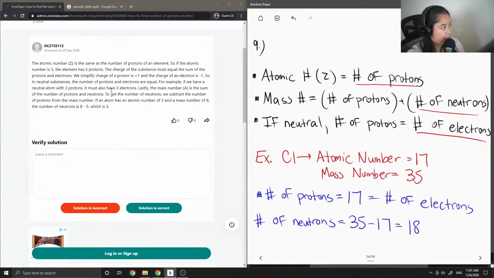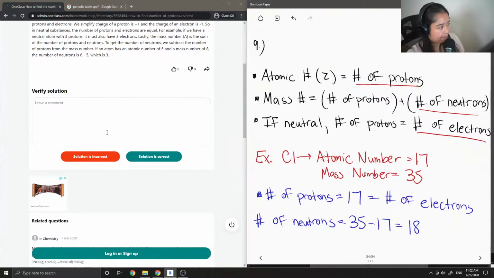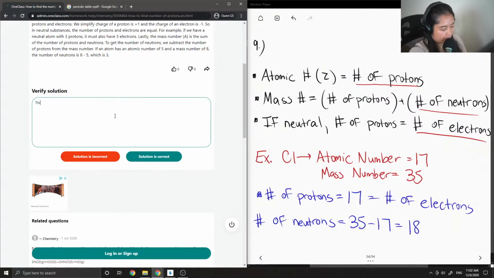For example, if we have a neutral atom with 3 protons, it must also have 3 electrons. Lastly, the mass number A is the sum of the number of protons and neutrons. To get the number of neutrons, we subtract the number of protons from the mass number. If an atom has an atomic number of 5 and a mass number of 8, the number of neutrons is 8 minus 5, which is 3. Yep, so this solution is correct.